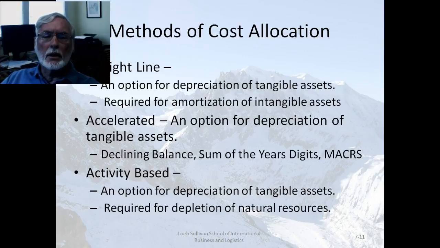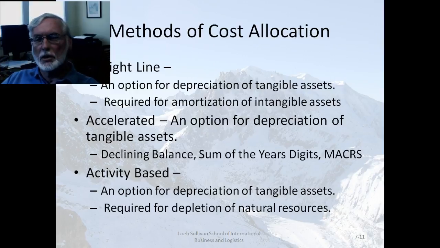And then the third method is called activity-based depreciation. Activity-based depreciation is a method that is used for natural resources always, but can be used for tangible assets.